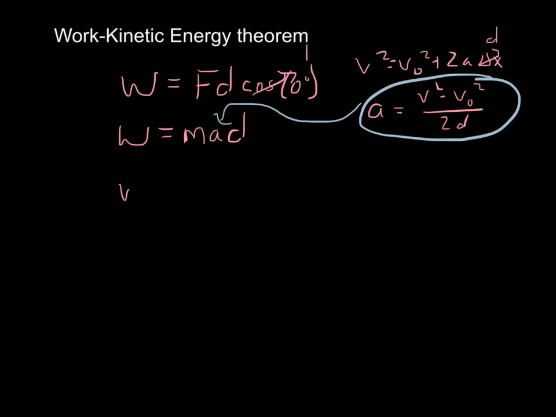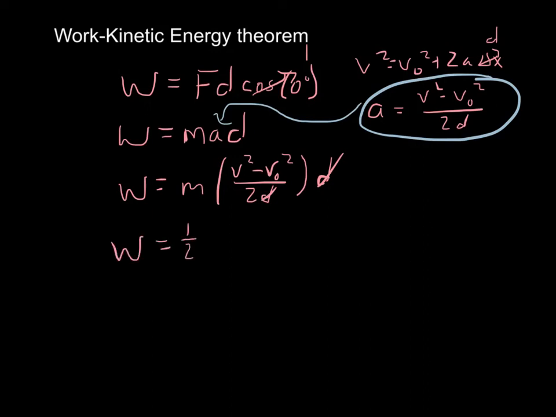So we end up with work equals m times v squared minus v naught squared over 2d times d. The d's cancel out, and we get work equals, if we pull some things out here, 1/2 mv squared minus 1/2 mv naught squared.